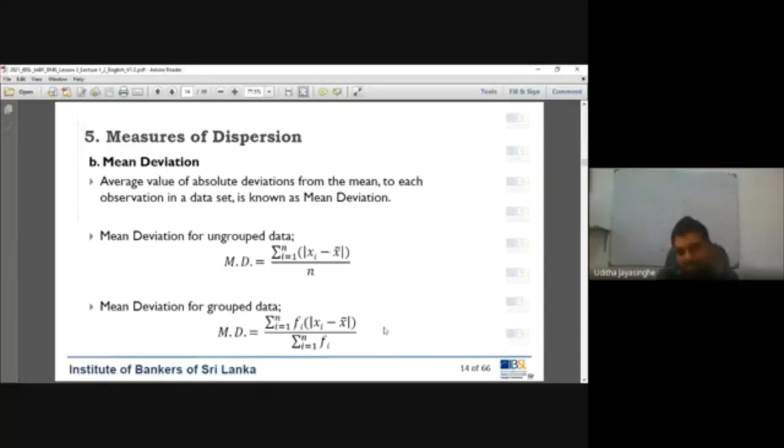That means instead of taking individual items, you have multiple numbers, let's say 5 tens, 7 elevens, 2 twenties. These numbers are the simple f that I'm going to discuss in such group data.